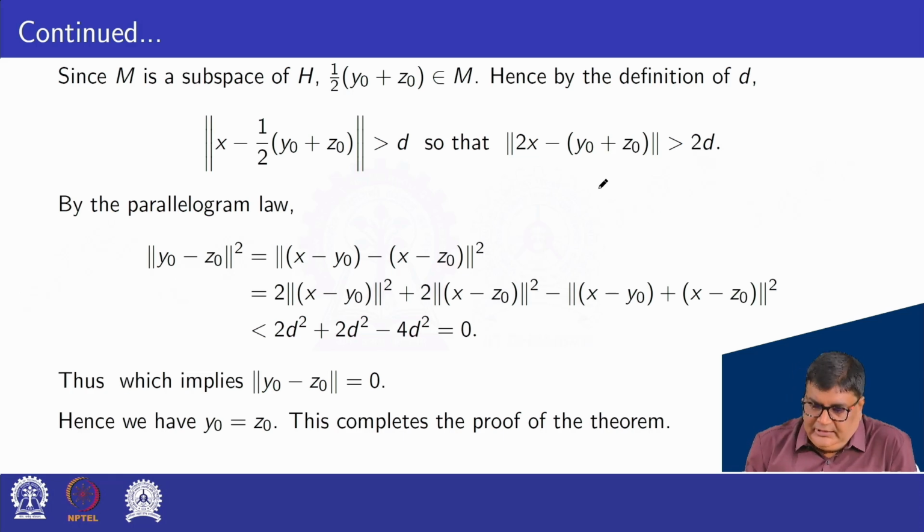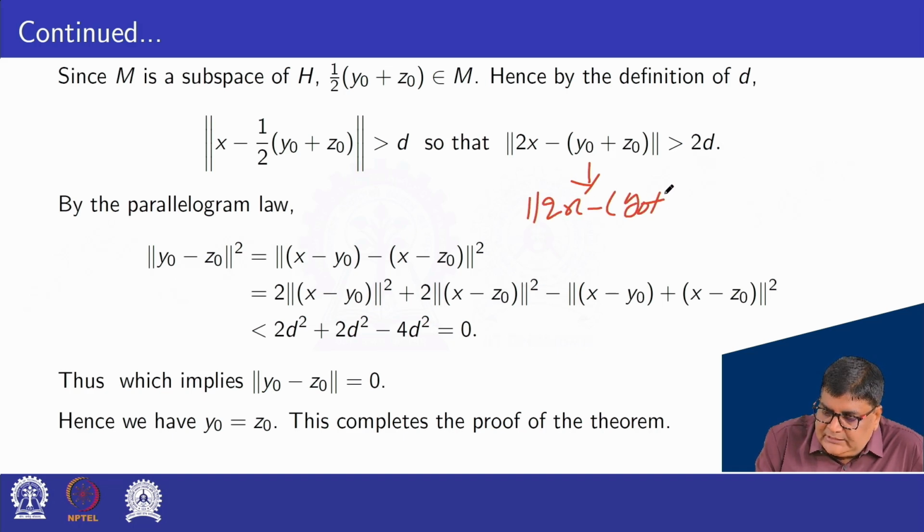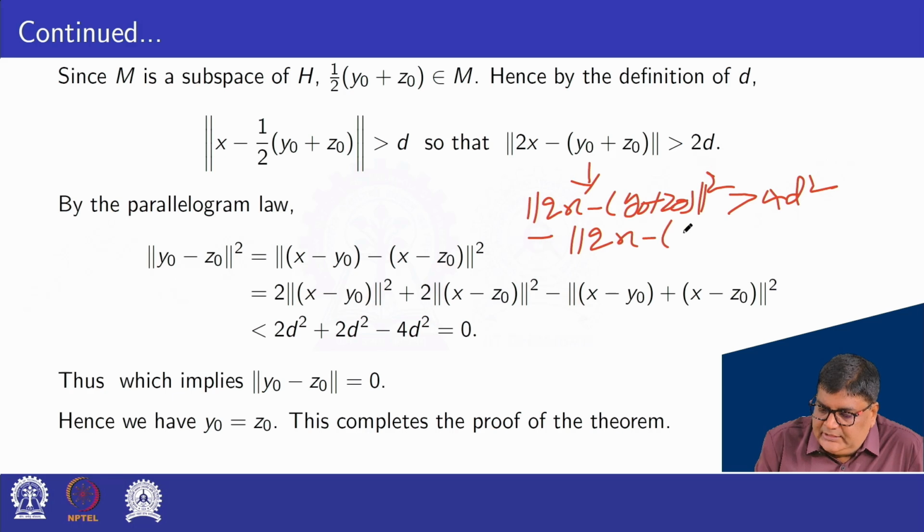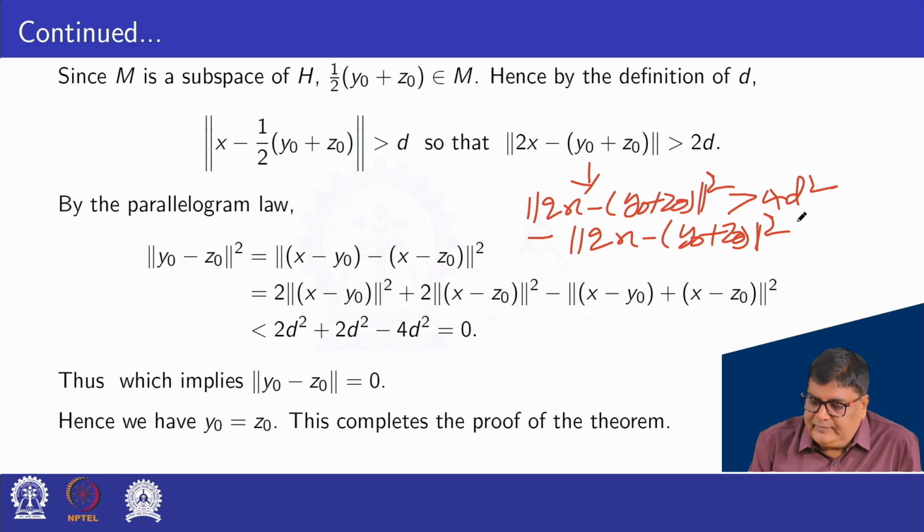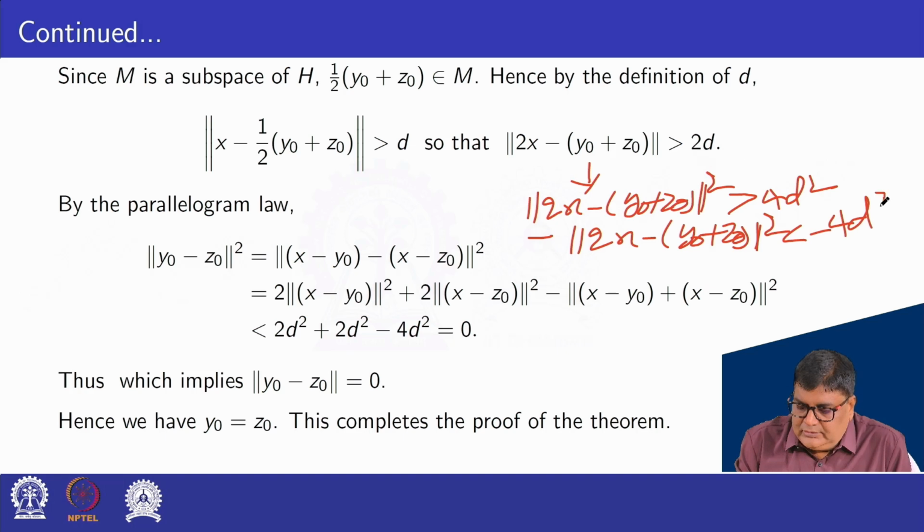As above, the norm of 2x minus y0 plus z0 squared is greater than the square of 2d, that is 4d squared. So with the negative sign, minus the norm of 2x minus y0 plus z0 squared is less than minus 4d squared.